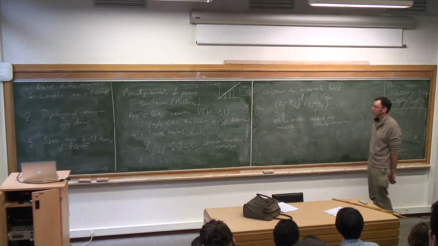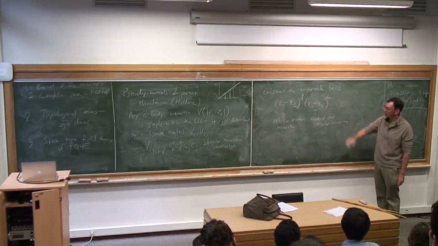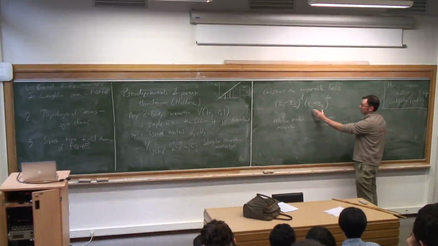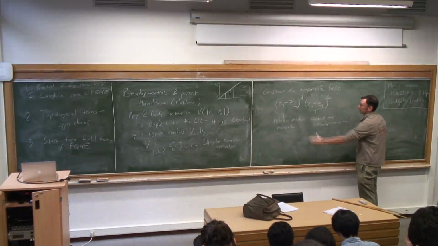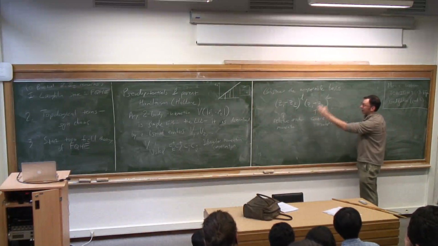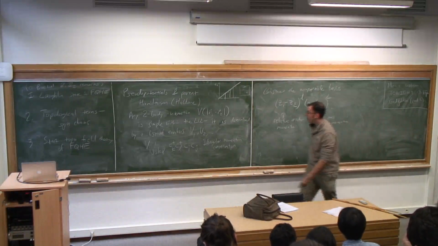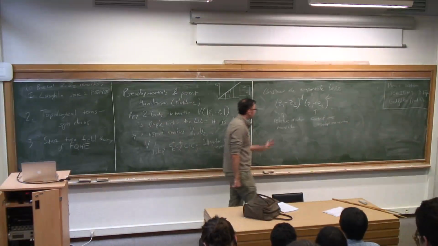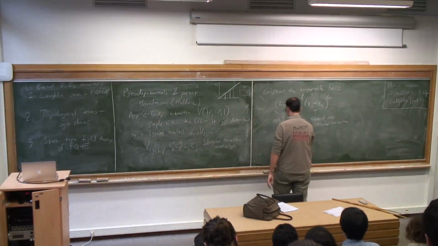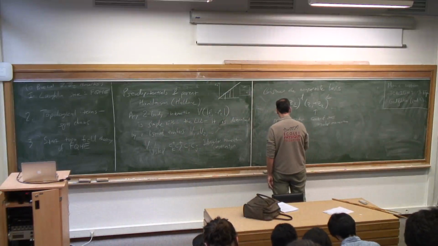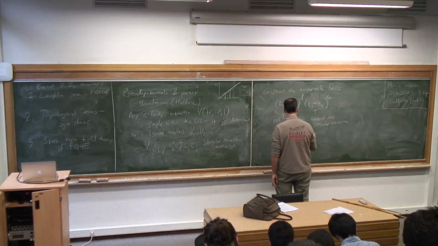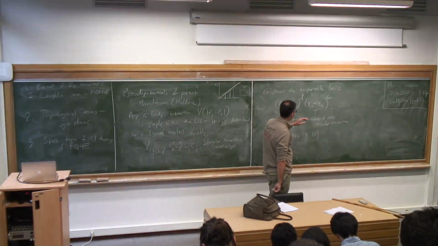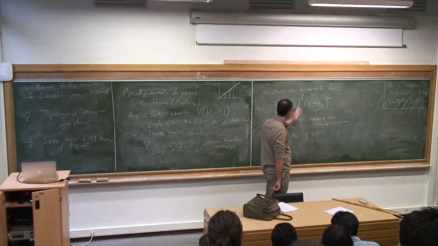And let me make a plausibility argument for why what Haldane said is correct, which is center of mass angular momentum is basically taking the two electrons and moving them together around the origin. And the interaction is not going to care about that because the interaction only cares about the distance between them. So that's an argument that the interaction is, first of all, well, if it conserves total angular momentum and it doesn't care about center of mass angular momentum, then it's going to conserve that as well.